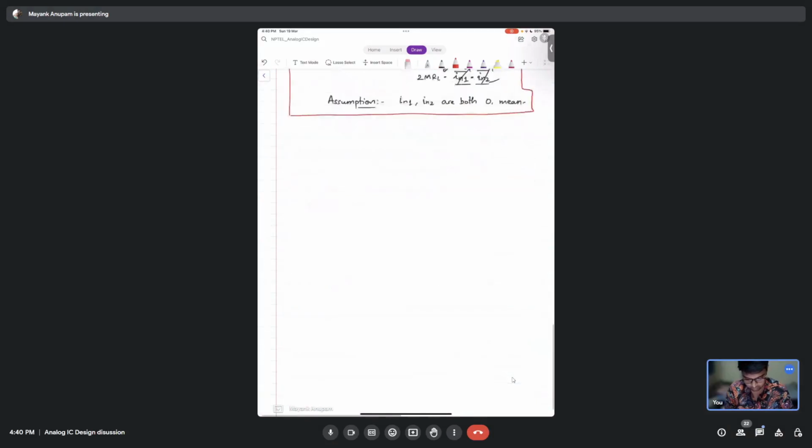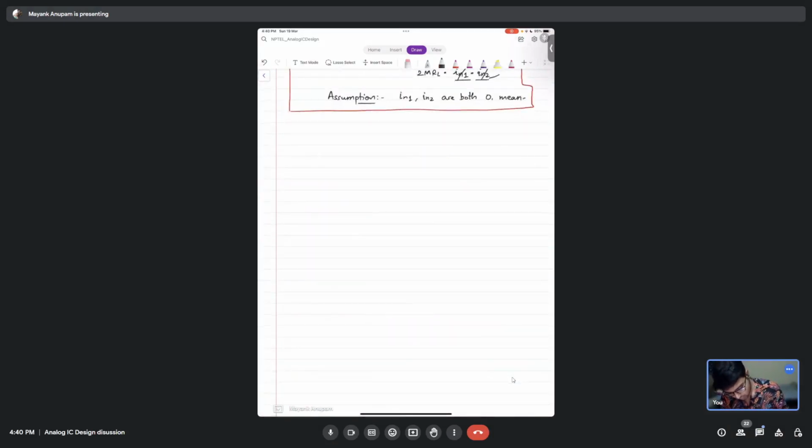Yeah, so let's do this first. So we have S_Vout equal to what? 4kTγ gm1 times RL squared, right? And what is this? It's the power spectral density, right?